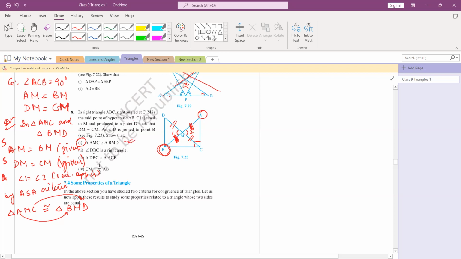So first thing we have shown. Now, second thing we have to show is that angle DBC is a right angle. Let me clean the figure a little bit. We have already shown everything. Now we have to show that this is a right angle triangle. So far, we have not shown this.